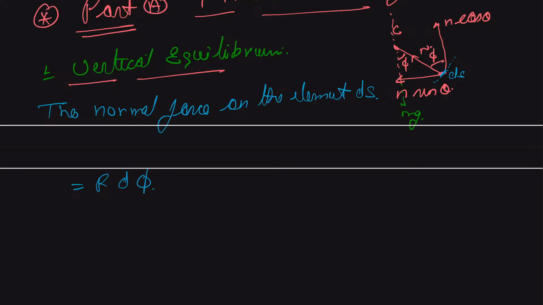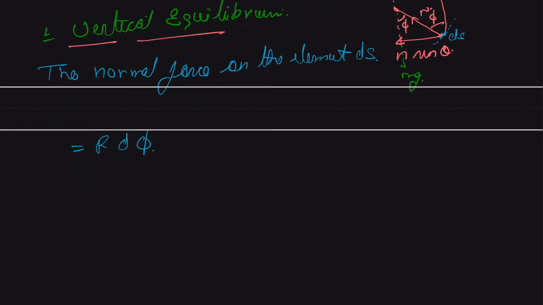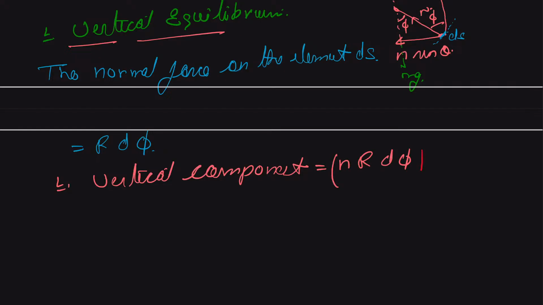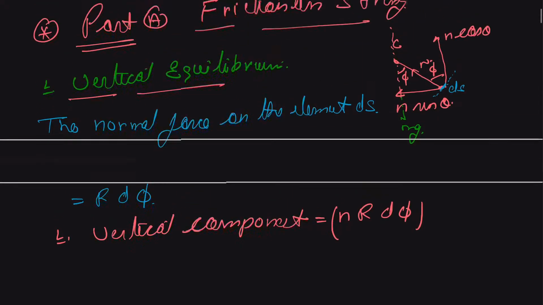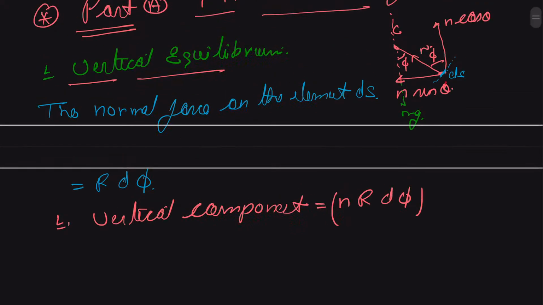From here we can write its vertical component, and the vertical component will be equal to n r d phi cos of phi.